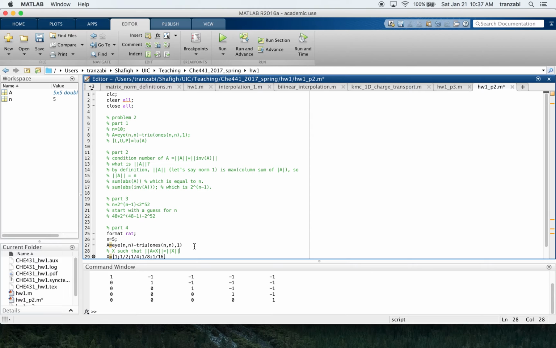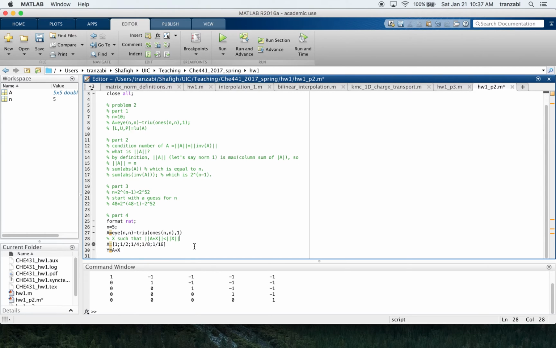Let's multiply A by a guess vector of x. So here is my guess vector: 1, 1/2, 1/4, 1/8, 1/16. And you may ask how I came up with this guess.